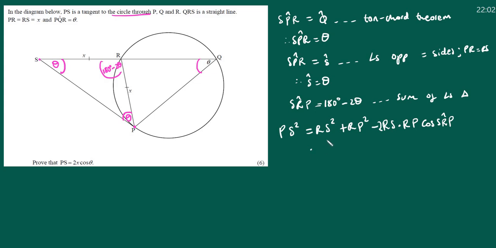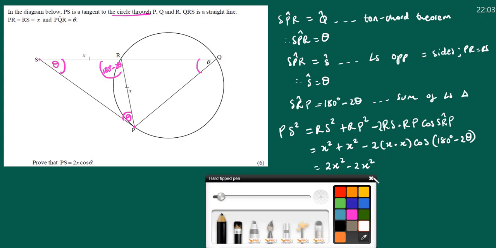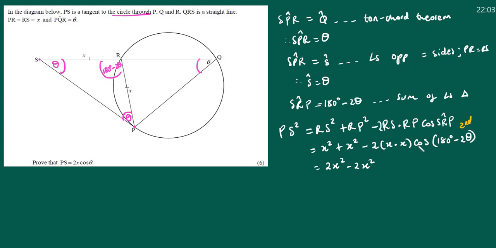Now when you then substitute there, RS is x, so you have x squared plus x squared minus 2 into x times x, and then you have cos of 180 degrees minus 2 theta, right? And then therefore you will have 2x squared, and then you have 2x squared again, and then cos 180 minus, it's in the second quadrant, whereby cos is negative, so we're going to say negative cos 2 theta.